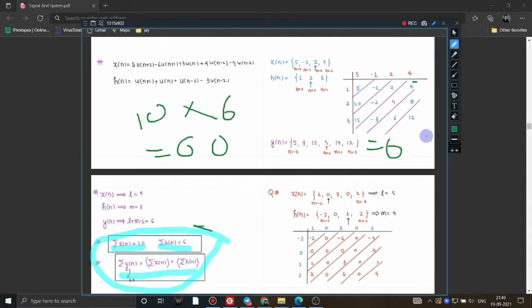This sum is 60. Satisfies the condition.